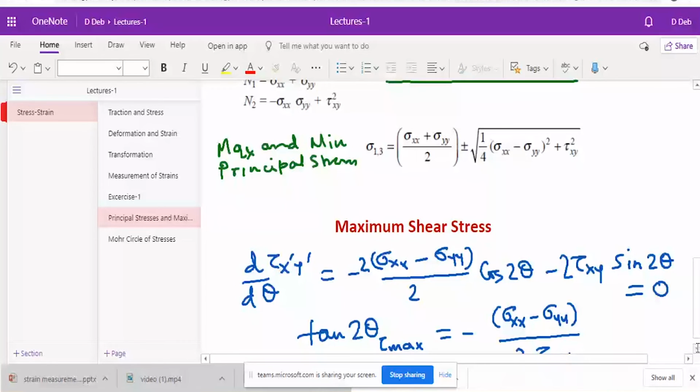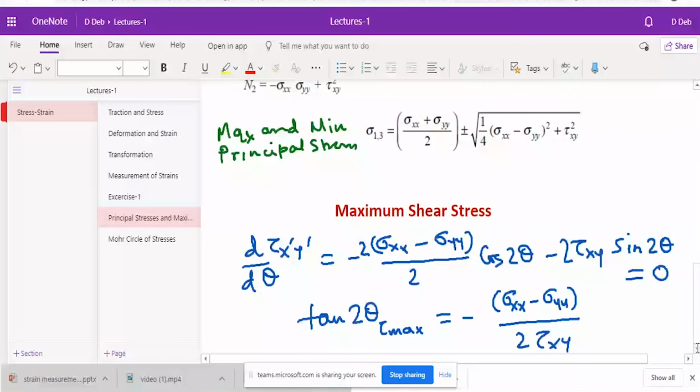Then you will find the angle, and you put that angle into the original equation in place of theta, and you will get the maximum shear stress.